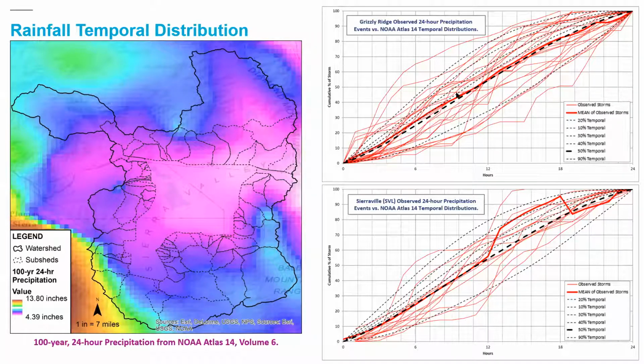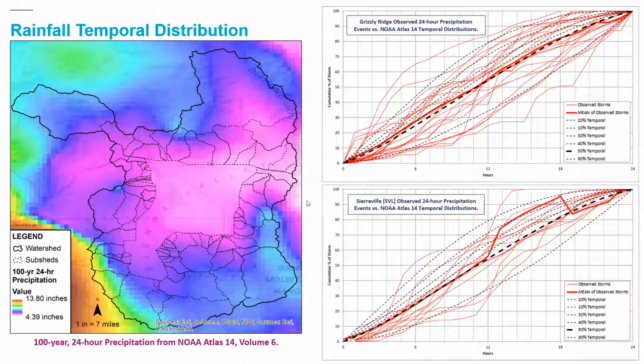You can see that the heavy red line and the black dashed line are pretty dang close. Have a little bit of an anomaly on Sierraville, but still best fit was that 50% temporal distribution. So we used that to develop individual hyetographs for the frequency events for each subbasin. Area weighted rainfall, by the way.